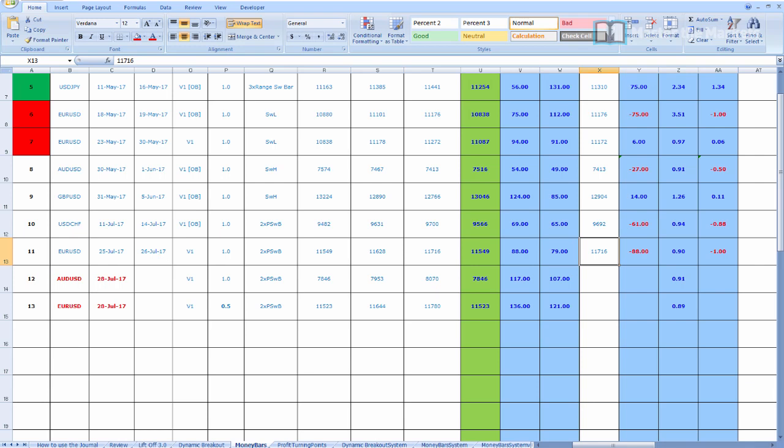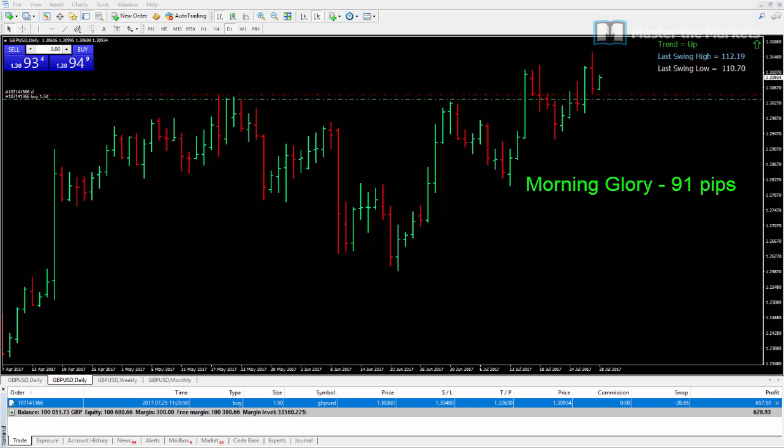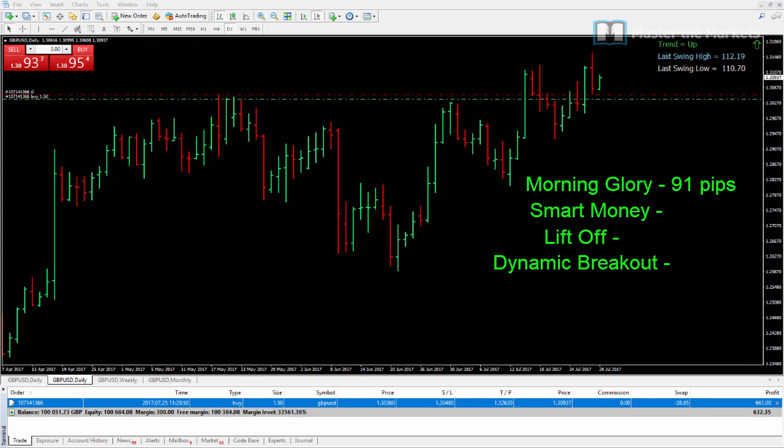So trade reconcile, where are we at the moment? Let's take a look at all of that. Morning glory is 91 pips up this week, and then we have smart money, nothing at all at the moment, 2 trades only live. Lift off, nothing as well, and dynamic breakout is a cable trade which is currently open, still not realized yet.